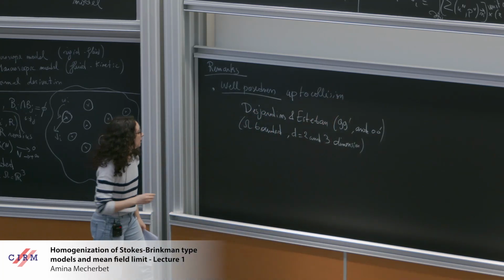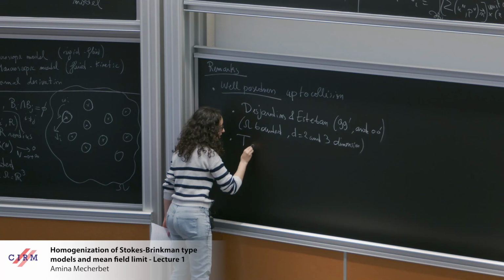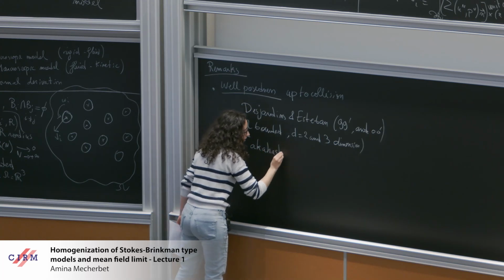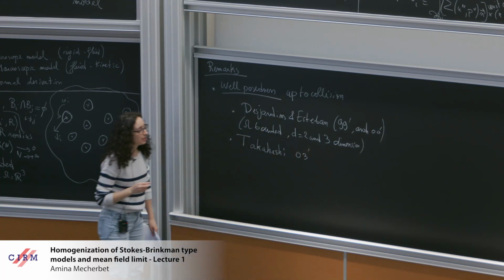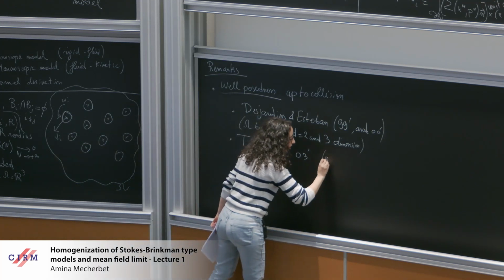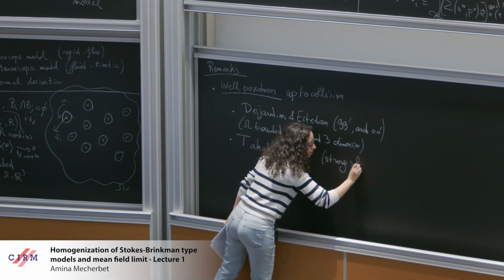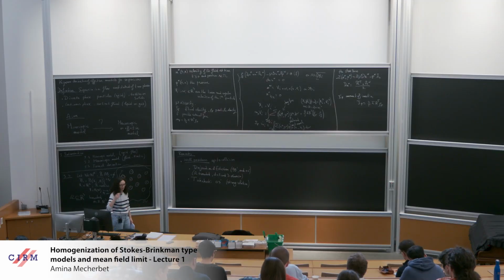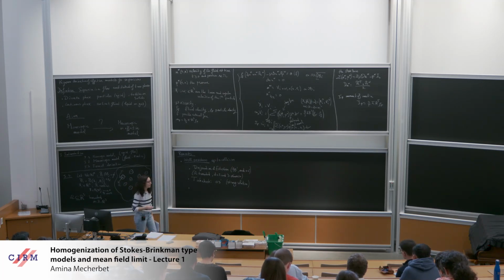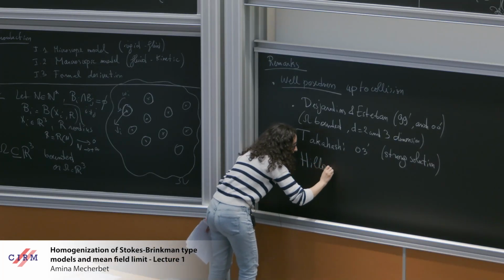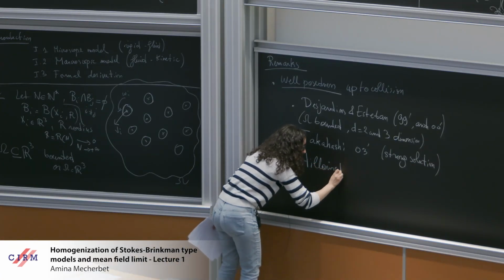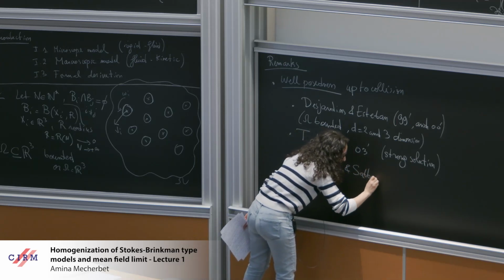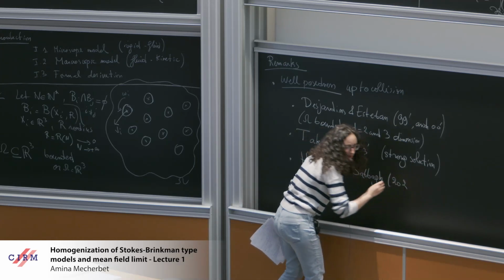is ensured. There is also a paper by Takeo Takahashi in 2003, I think, which deals with strong solutions, also up to collision. And to my knowledge, the only paper where it is shown that actually there is no collision in finite time is the recent paper by Mathieu Hillairet and Lamis Sabbagh, from 2022.